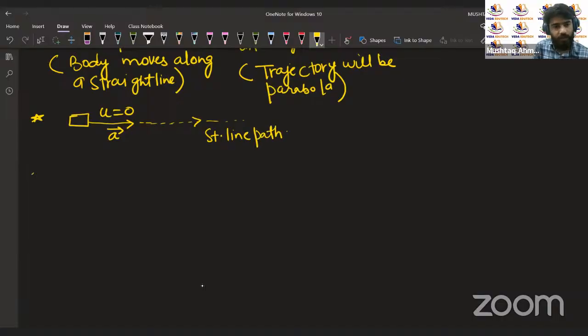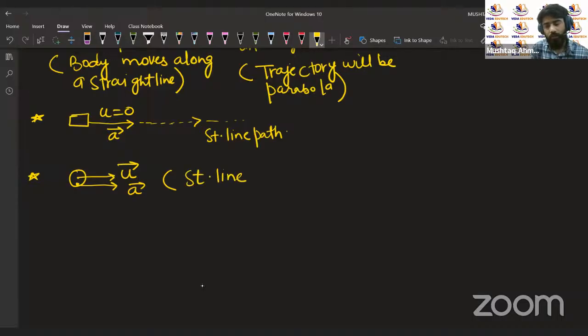And the second case is that suppose this body was having some initial velocity vector along the x direction, and we are also applying a force and the acceleration is also along the x direction. In this case also the body is going to continue to move along the x direction, so the path of this particle is going to be a straight line path, right?